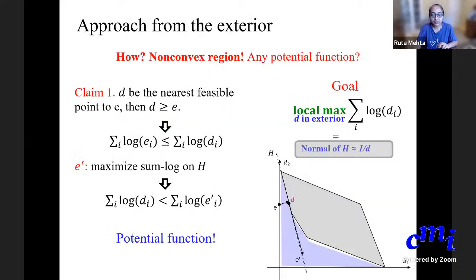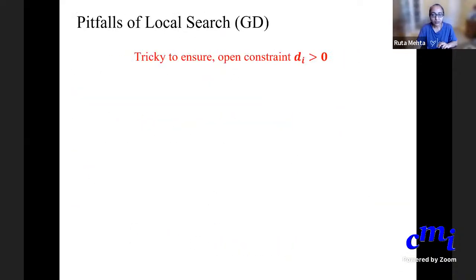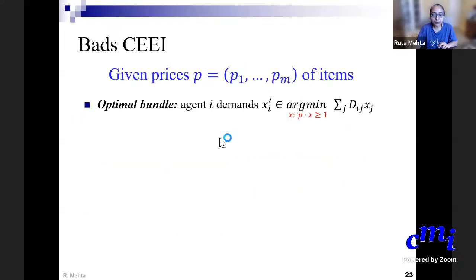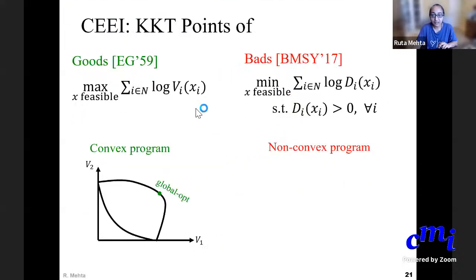This comes from when you try to write the optimality conditions for these programs. I never proved to you that these programs indeed give you a competitive equilibrium. I just told you that if you solve this program, then you get a competitive equilibrium. You should have asked why, right? Because in these programs, there are no price variables, only allocation variables. How do you get a competitive equilibrium from the optimum?